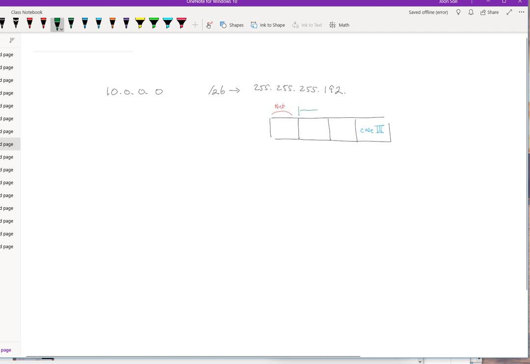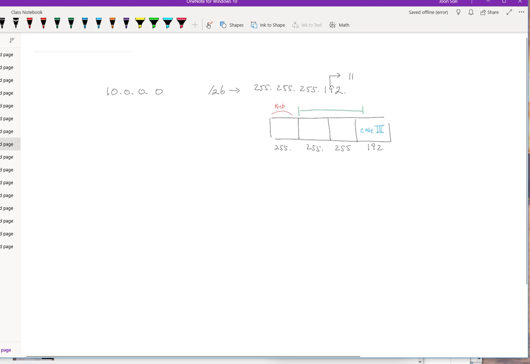This is the first octet, second, third, and fourth. And then let me just write the subnet mask: 255.255.255.192. So what does 192 mean?